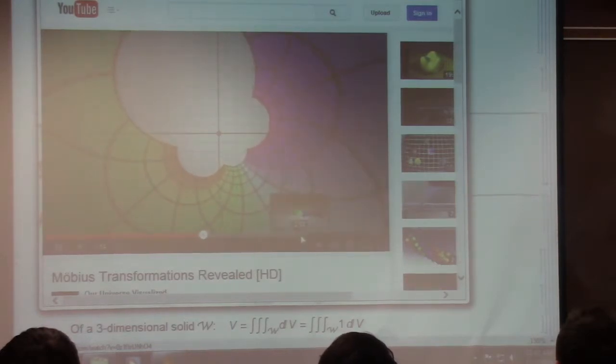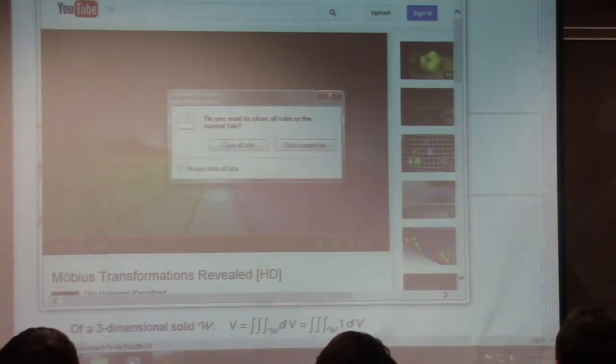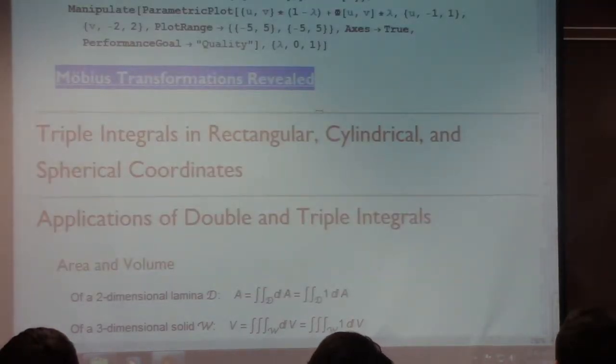The true unity of Möbius transformation, and it brings it into the third dimension as well, so it's pretty cool. Take the time to look at that. I strongly suggest it's pretty interesting, and it helps you understand in another way why the maps do what they do. Okay, so that's supposed to be just encouragement to explore.